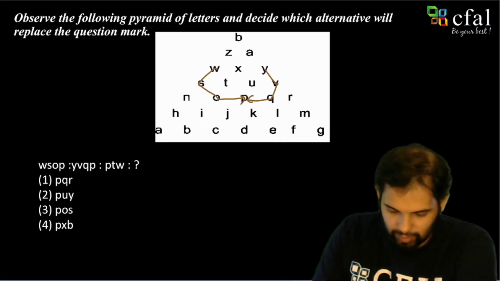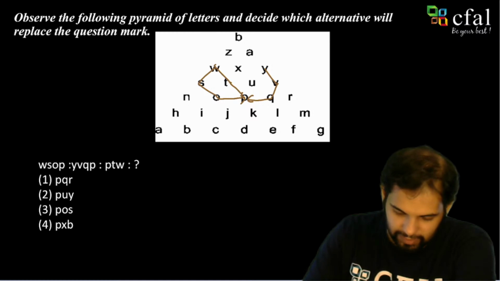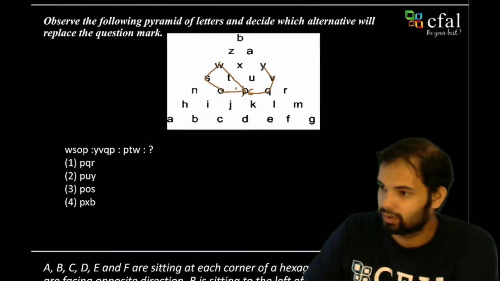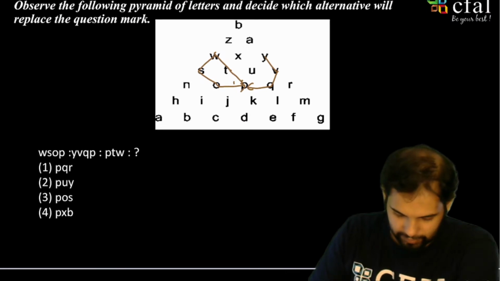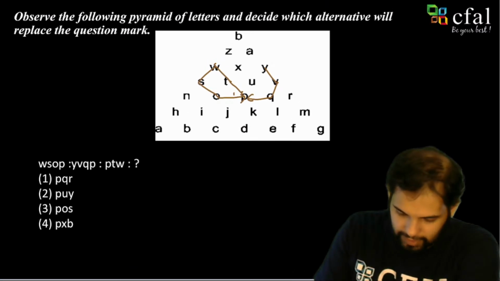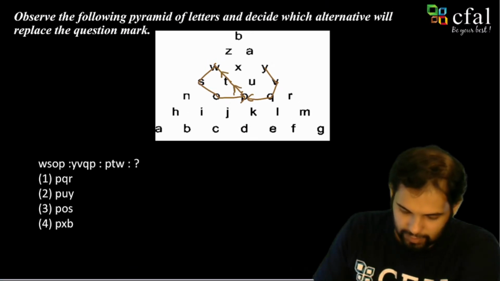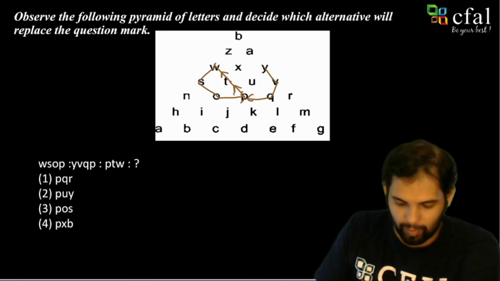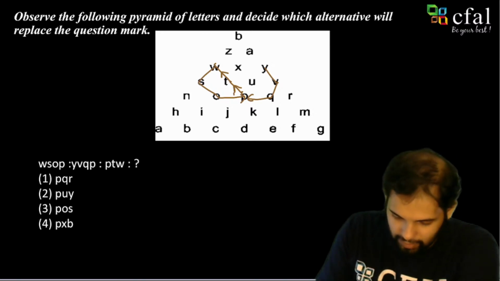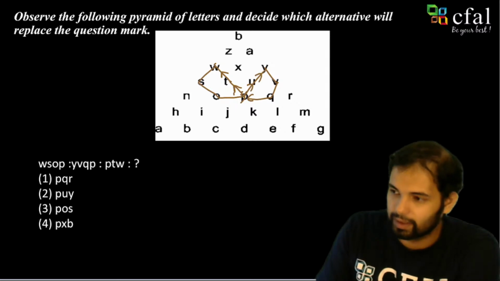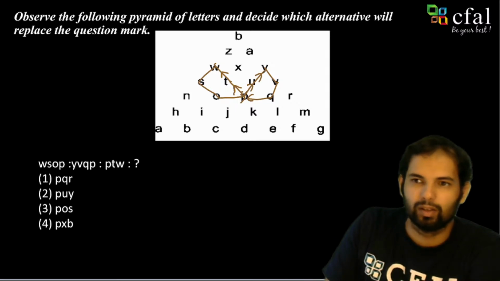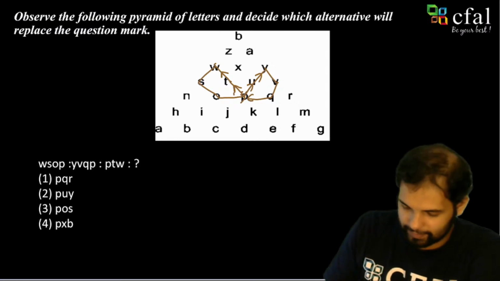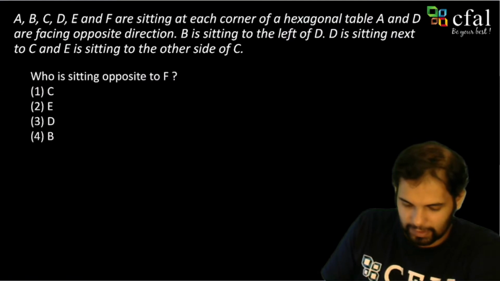Okay, PTW goes here. Let me just put the arrow also. Okay, this is better. So PTW is something like this. So what should be our answer? Option 2, PUY, yes, all of you are right. PUY.